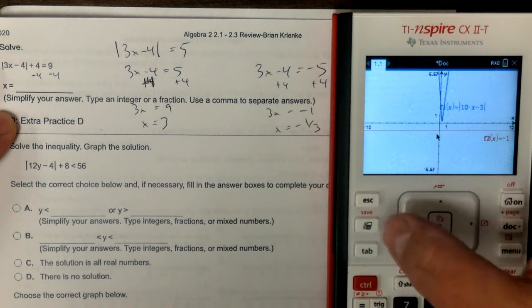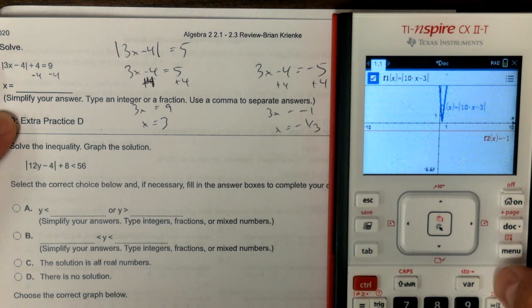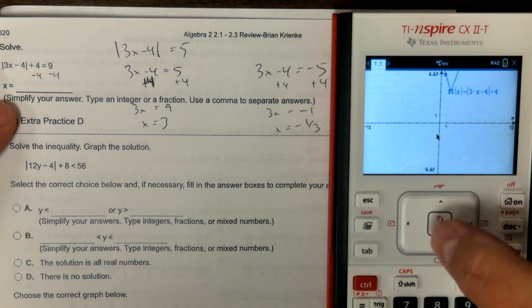Then just graph it. Absolute value 3x minus 4 plus 4. And then on this one, just change it to 9, positive 9. So it's further up.